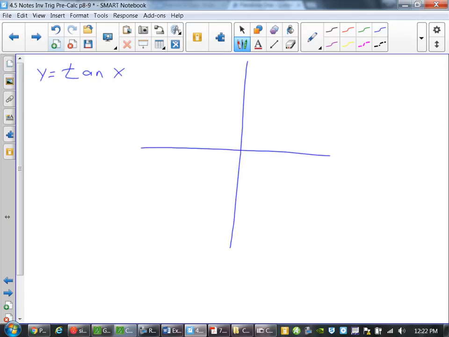Tangent, excuse me, the generic form of tangent always had asymptotes where? At plus minus pi over 2. And it went through the origin.